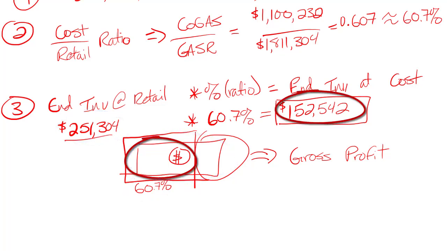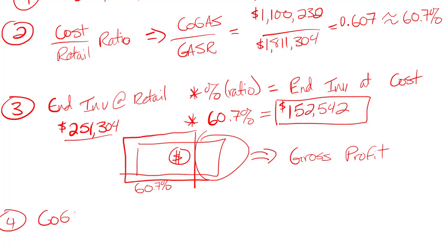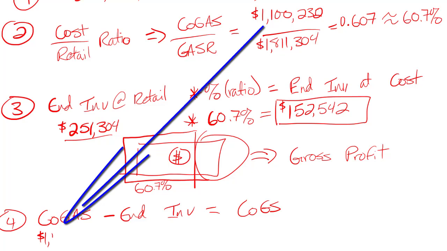And if I need to, so that I can finish my income statement, I can take cost of goods available for sale minus ending inventory, and that will give me my cost of goods sold. I can do it here, I can do it in the income statement. Cost of goods available for sale I have up here.